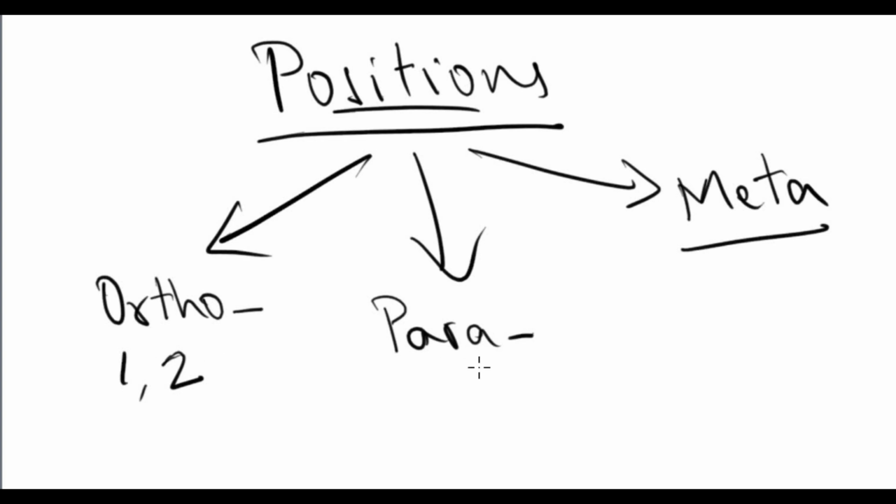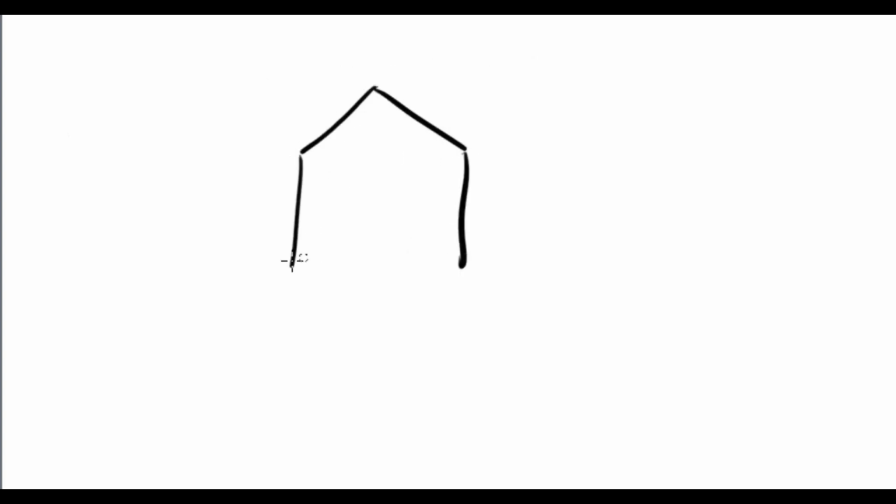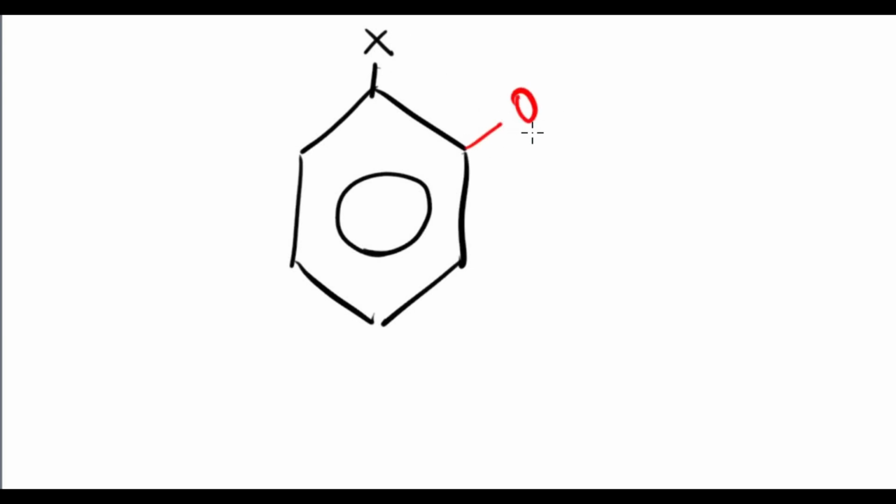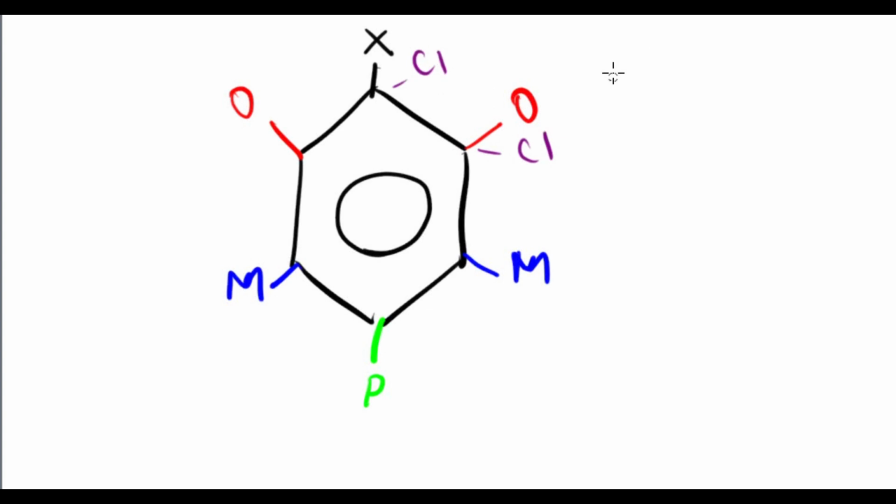When you have a cyclic structure, if you have a functional group on the second carbon, you definitely have a functional group on carbon 1, and keeping that in mind, when you have a functional group on carbon 2, it is going to be ortho. If you have it on carbon 3, it's going to be meta, and if you have it on carbon 4, it is going to be para. For example, if I have a Cl in the carbon 2, it's going to be ortho 1,2-dichlorobenzene.